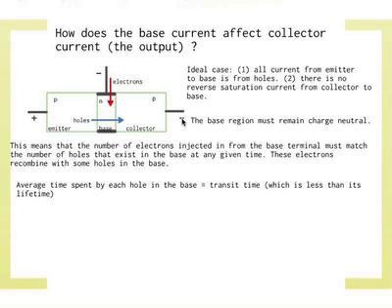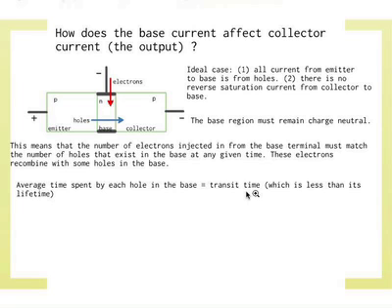The difference between this and this is the recombination that happens within the base. Holes recombine with electrons, and those electrons have to be provided by the base current. So one way to calculate the base current is to look at the lifetime of the holes within the base. The average time spent by each hole in the base is what's called the transit time.